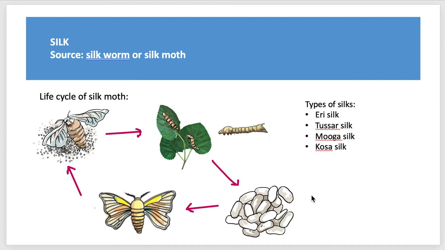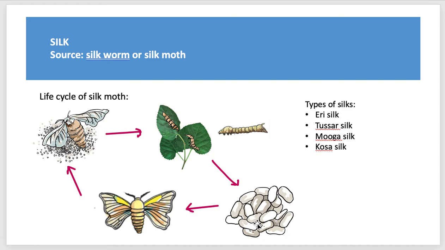Let me tell you about an interesting experiment that you can try out, or it's more like an activity. So I told you in the beginning of this video that there are different types of fibers, and one of them is synthetic fiber. It is made artificially. It can be made in the laboratory. So what you can do is, you can take a little bit of pure silk, which is obviously from silkworms, and a little bit of artificial silk or synthetic silk.